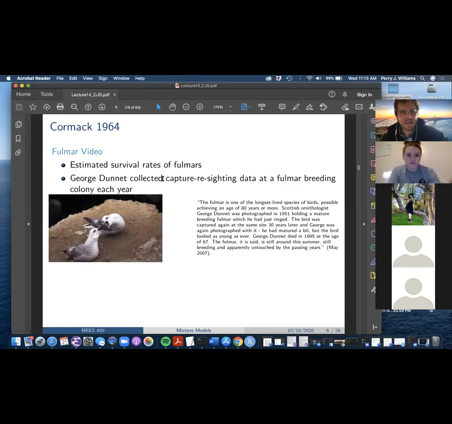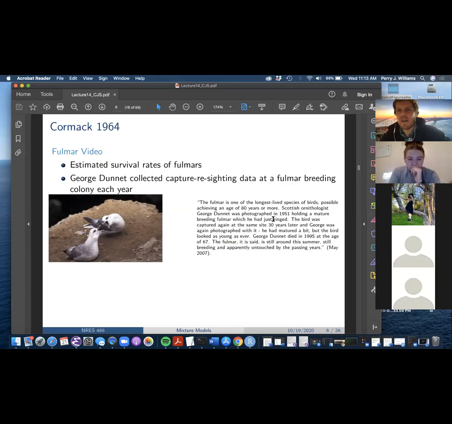George Dunnett collected capture-recapture data on a fulmar breeding colony each year. Here's a quote I pulled from 2007. It says, the fulmar is one of the longest lived species of birds, possibly achieving an age of 80 years or more. Ringed is a little bit of trivia here.